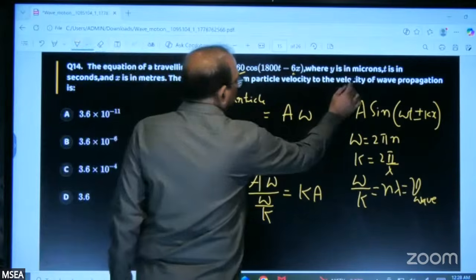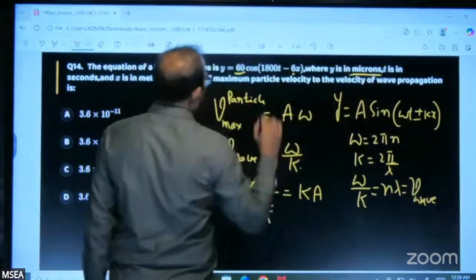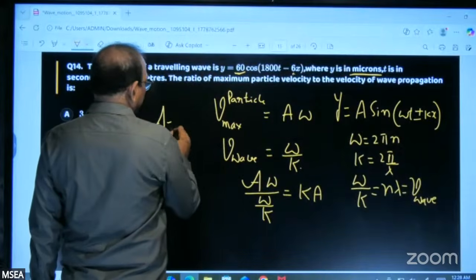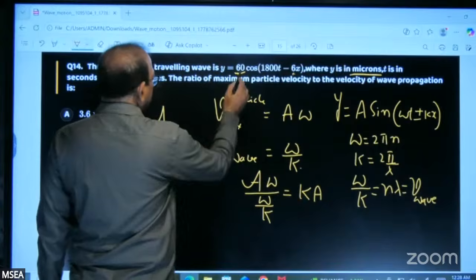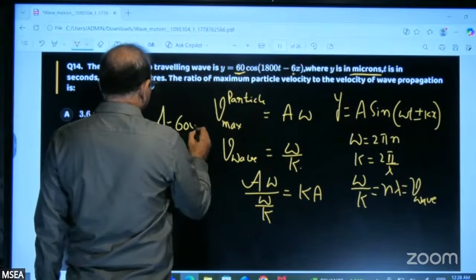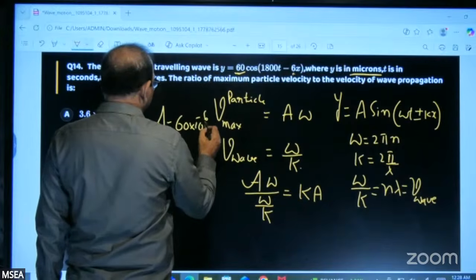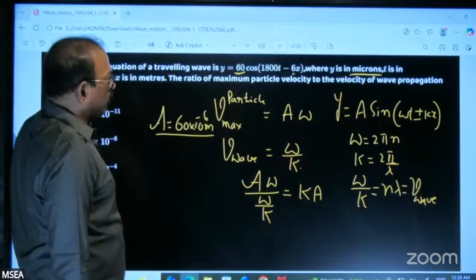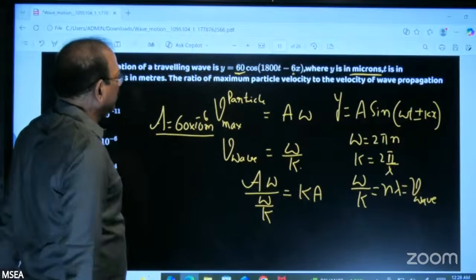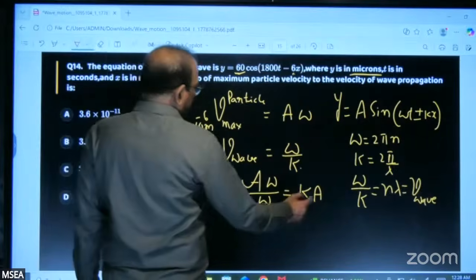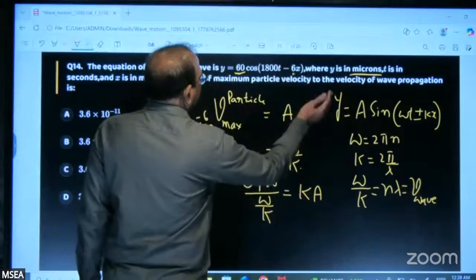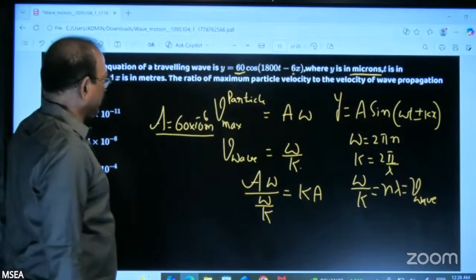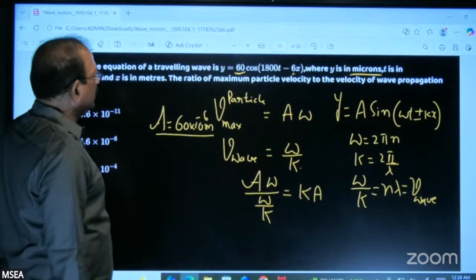The distance unit is microns, micrometer, given. Means this amplitude is 60 into 10 power minus 6 meter. Amplitude is given in microns. And k is 6. K is a constant, no? It is the propagation constant of the wave, 6.